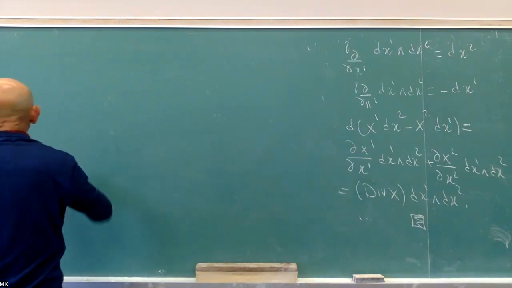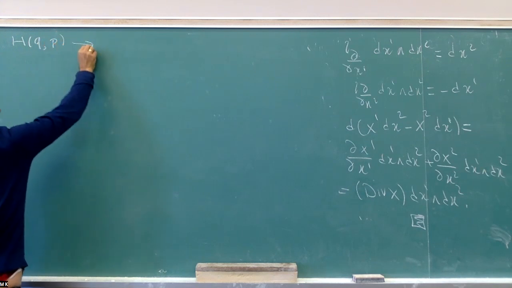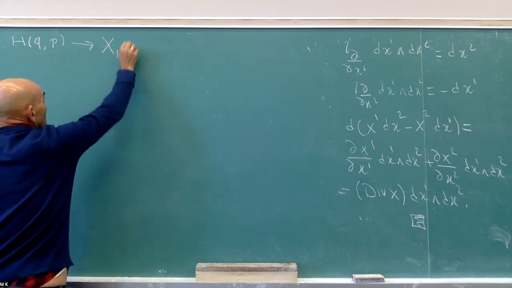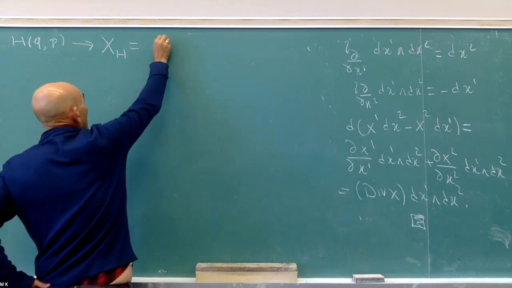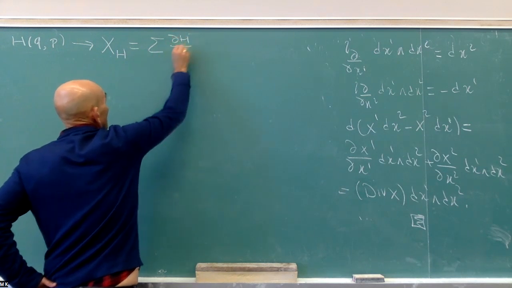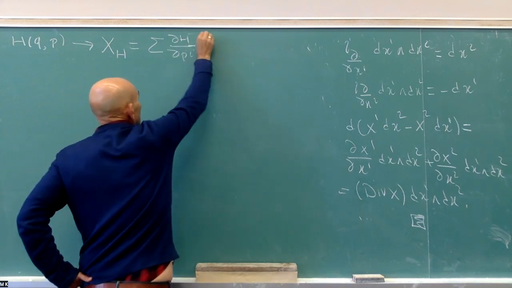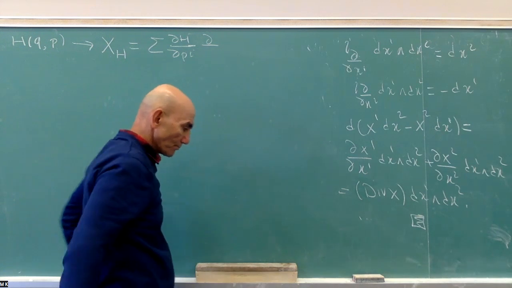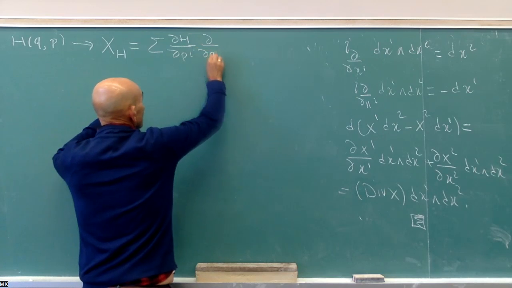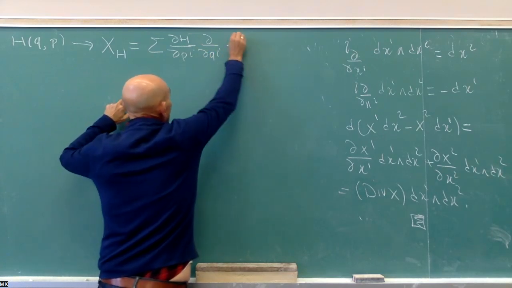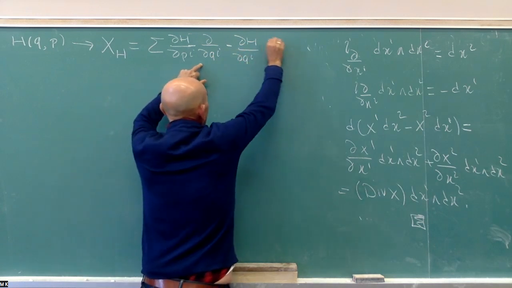So we have this function H of q and p, and we attach to this a vector field X_H, which is the vector field sum dH/dp_i d/dq_i, and then minus dH/dq_i d/dp_i.